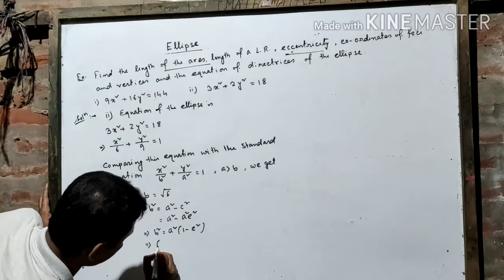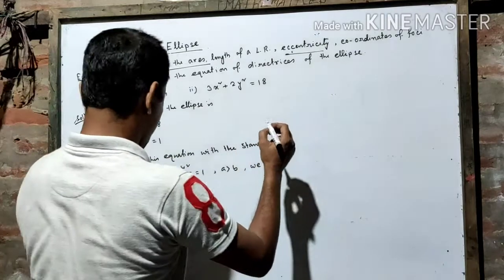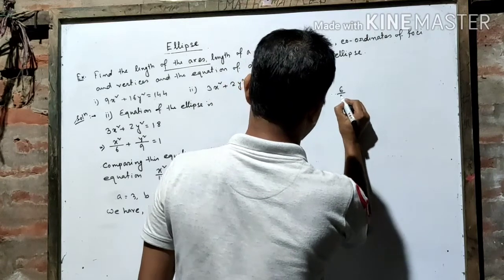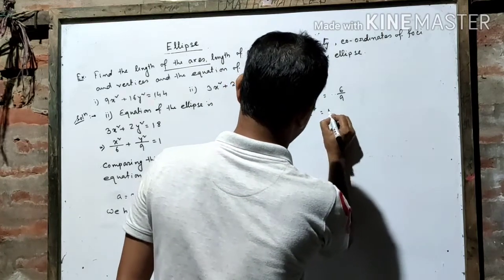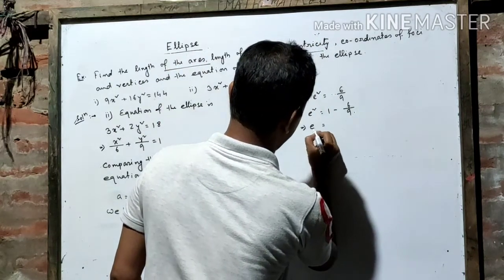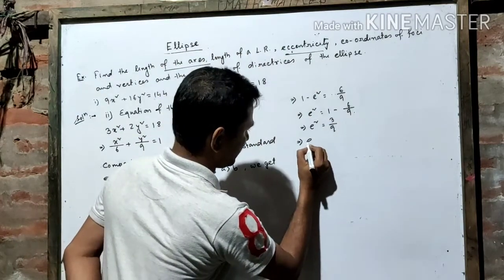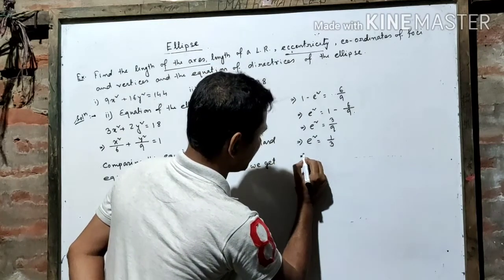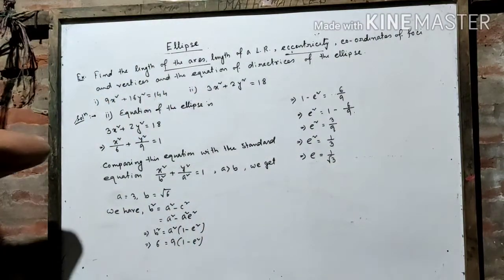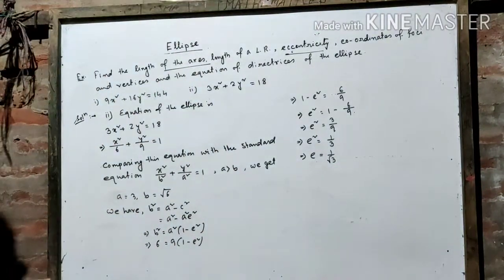So b² is 6, a² is 9. This implies 1 − e² = 6/9. This implies e² = 1 − 6/9 = 3/9, so e² = 1/3. So e = 1/√3. The value of e cannot be negative because this is the ratio of two distances. So the eccentricity of the ellipse is 1/√3.